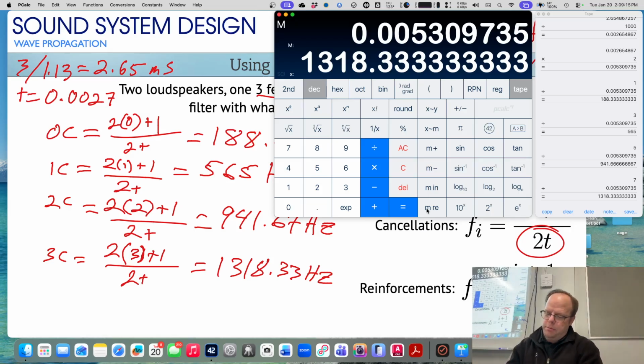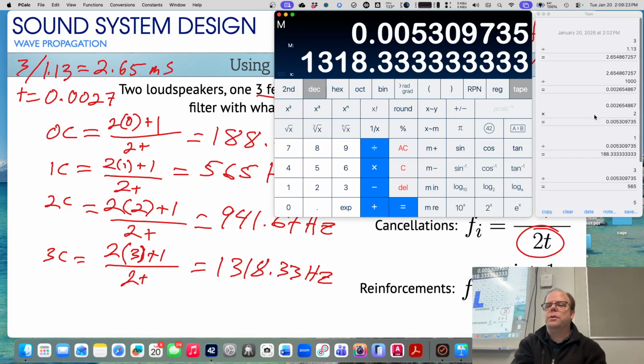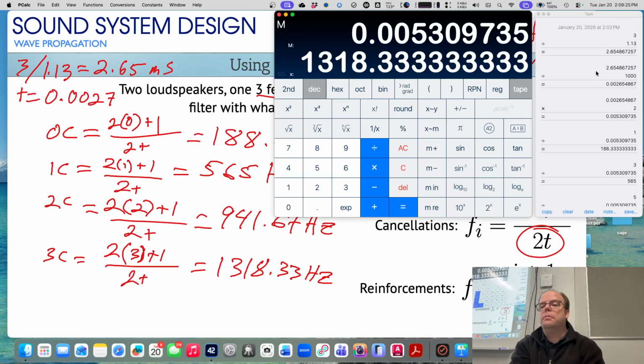You've probably been using literally 0.0027 times 2, as opposed to where we started with, which was 0.002654867. I never rounded it in the calculator. I just kept it going. But either is right. All of those answers are right-ish. Close enough. Okay, there you go.